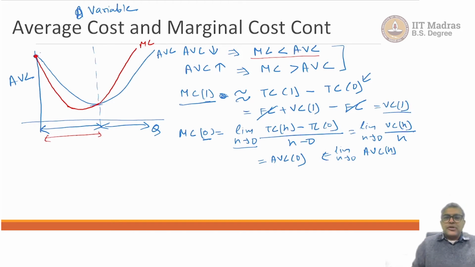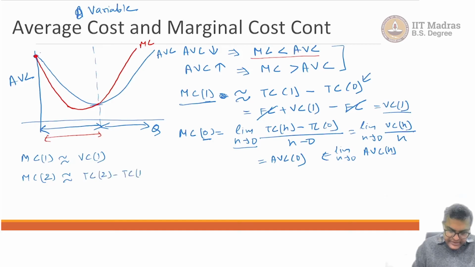Let us explore the further relationship between MC and AVC. So, as we have written approximately, MC1 is equal to VC1. How about MC2? MC2 is going to be equal to TC2 minus TC1. And what is TC1?